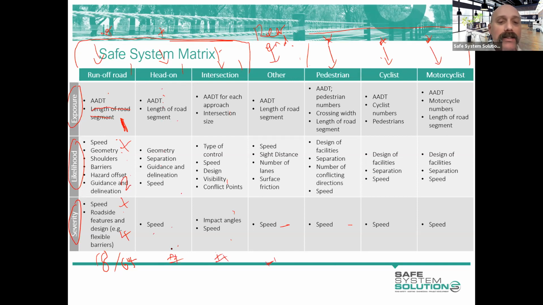You add your 8 plus whatever, plus whatever, plus whatever, and you get a final score out of 448 by adding up all of those. So you get some score out of 448, which is your alignment with safe system principles from the matrix.